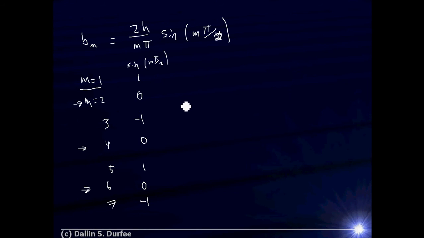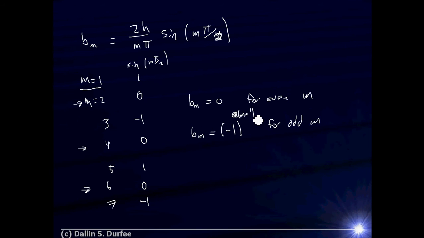So I can write this as b sub m equals 0 for even m, and b sub m is equal to negative 1 to some power for odd m. Let's say I want m plus 1 divided by 2. Let's think about that.